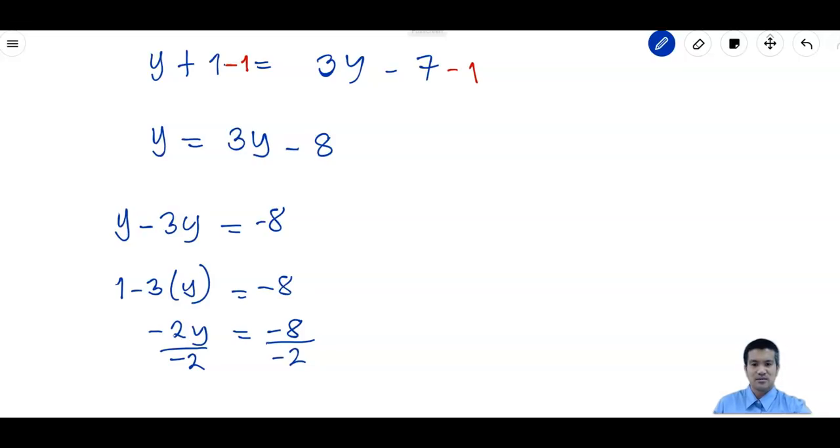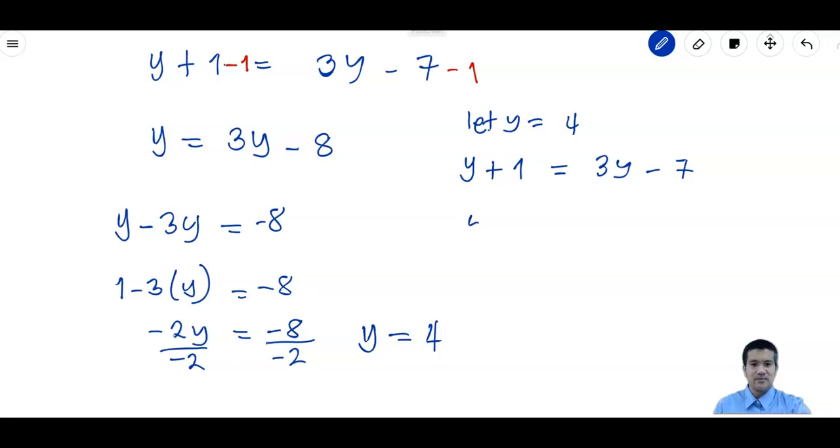Okay, so we'll just write here y is equal to +4. Okay, so when you're going to check, we checked the other value with just one variable on one side, but this one we have two variables. So we have y equal to 4. Our equation is y plus 1 equal to 3y minus 7.